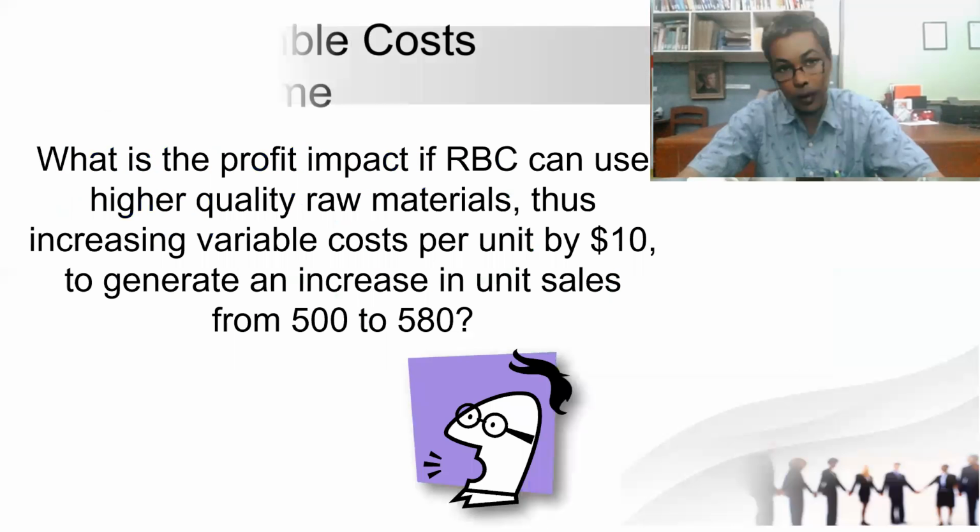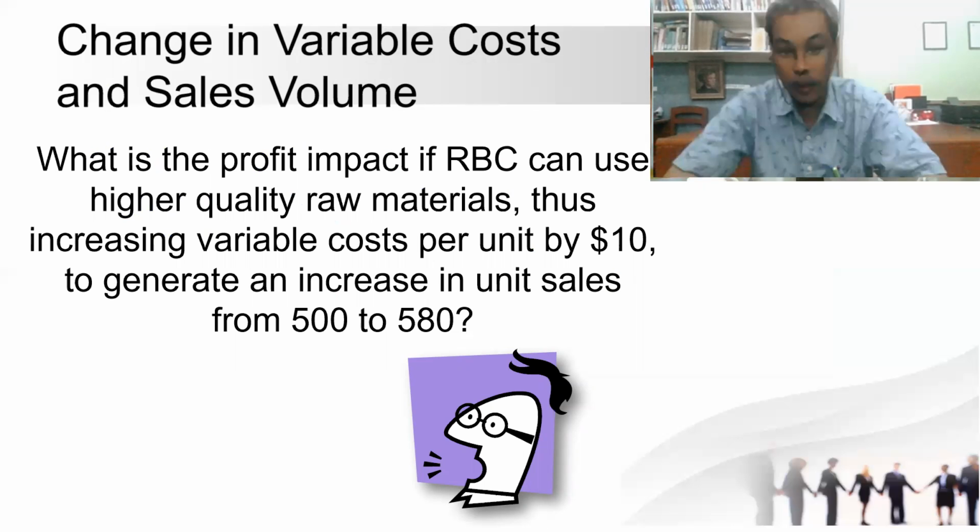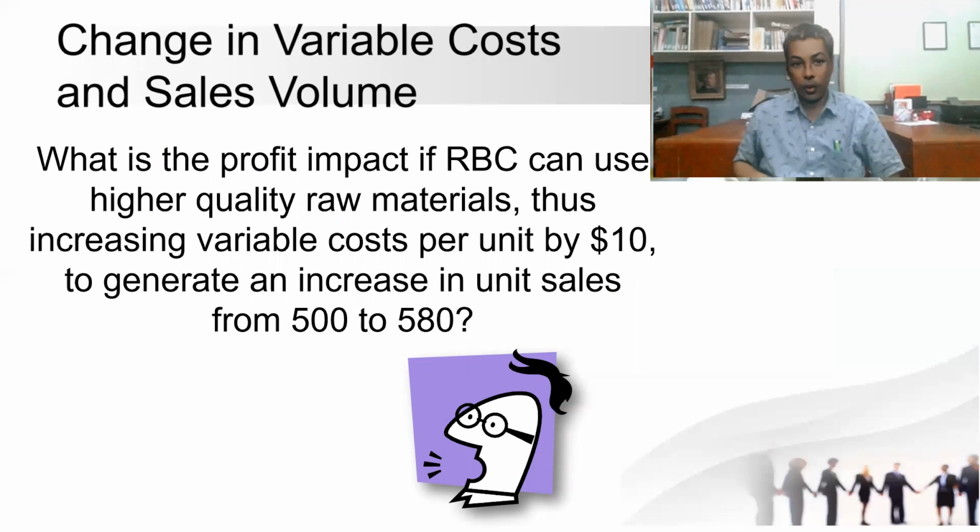Change in variable cost and sales volume. What is the profit impact if RBC can use higher quality raw materials, thus increasing variable cost per unit by $10 to generate an increase in unit sales from 500 to 580? So we use quality materials and we are able to increase our sales to 580.